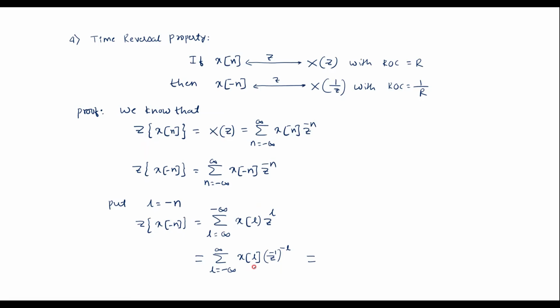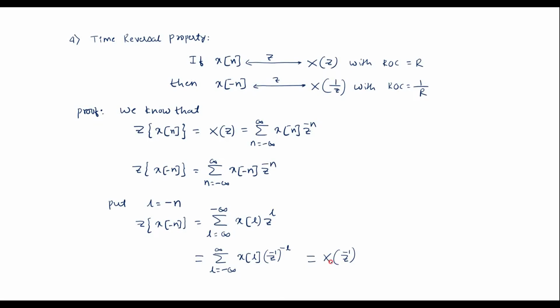Therefore, the Z transform of x of minus n is x of L z inverse power minus L. This is nothing but X of z inverse, since in place of z we have z inverse.